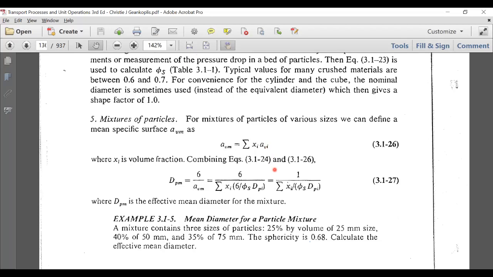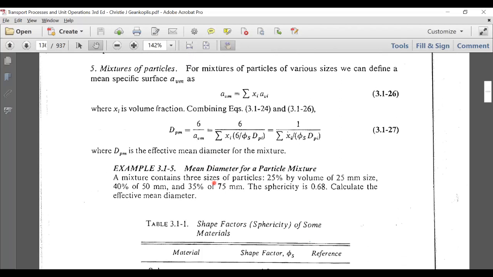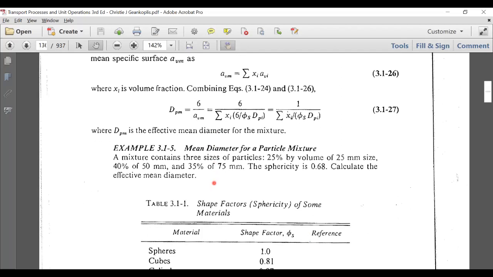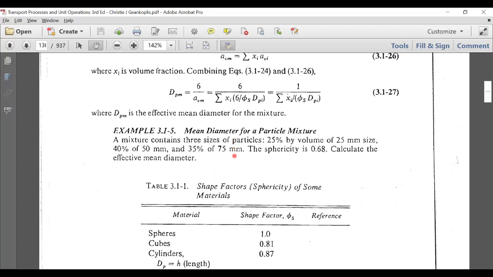And after we find this AVM, we can find dpm by using equation 3.127. Let's see example 3.15 to understand these two equations a little better.